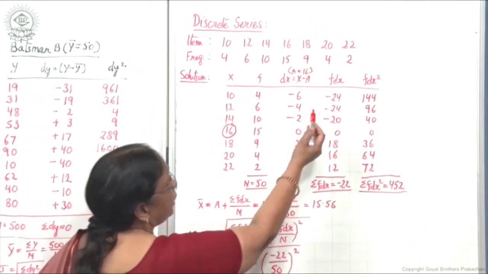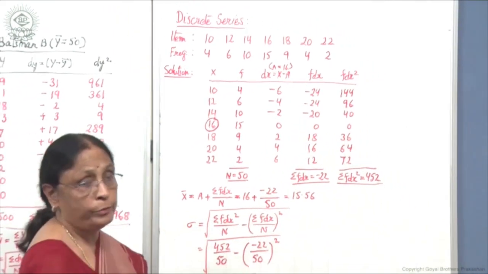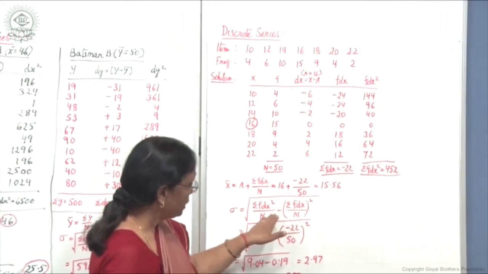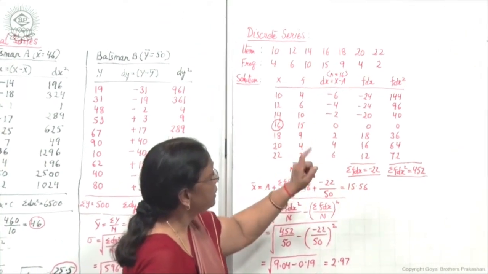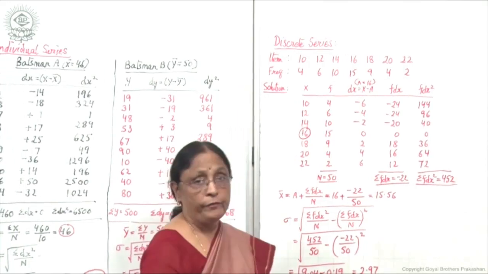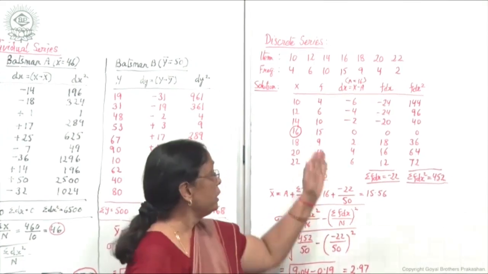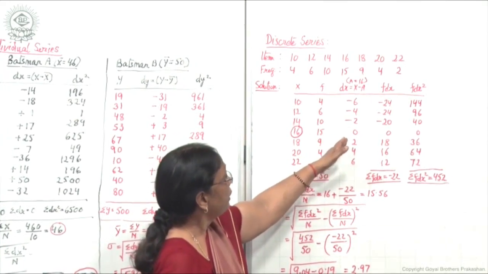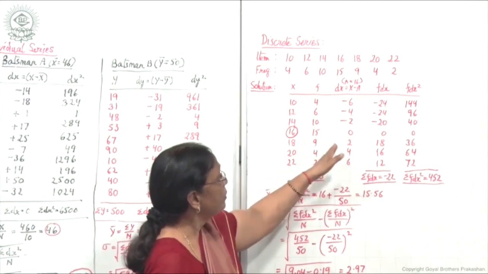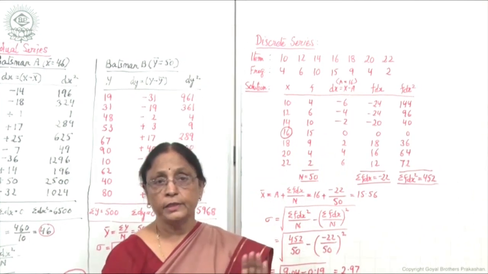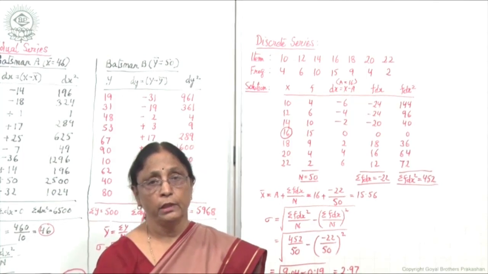Now you need the f dx column, because your formula for assumed mean needs f dx and f dx square. F dx you know clearly: this is the dx column, and dx multiplied by f becomes f dx. dx is x minus a, f is frequency.